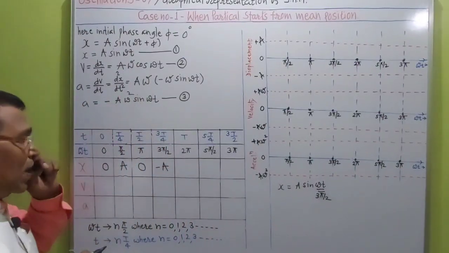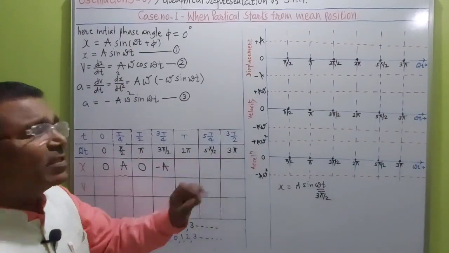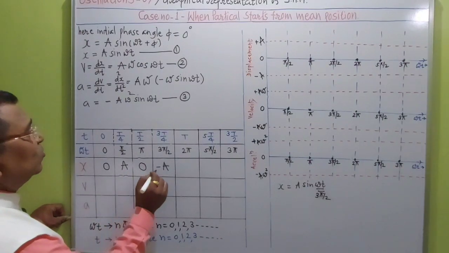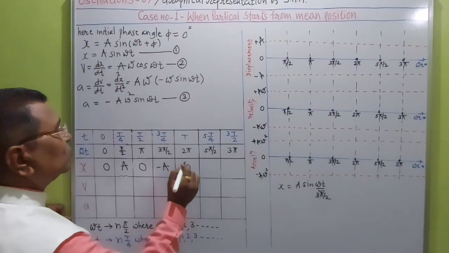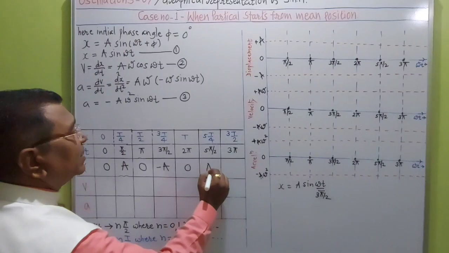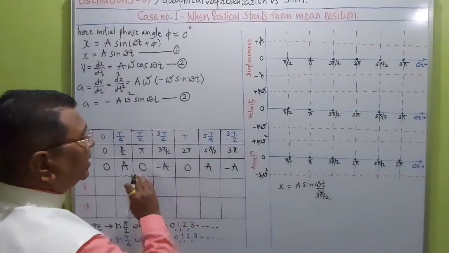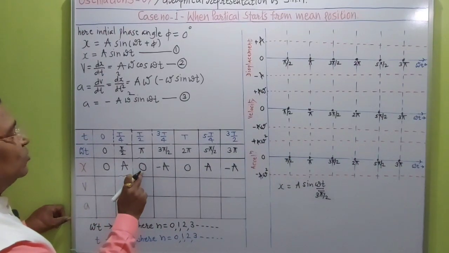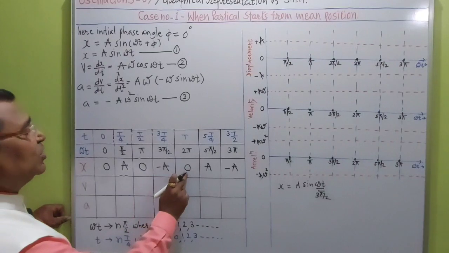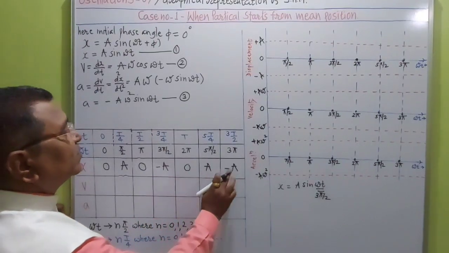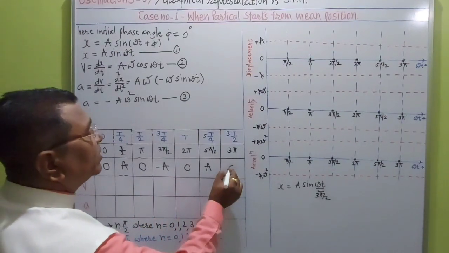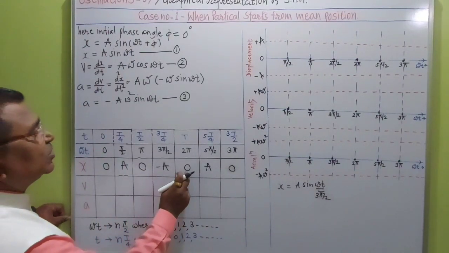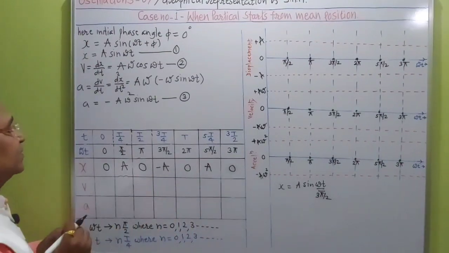See here, now it is not necessary to put other values. How can we write here? 0, plus A, 0, minus A. We can easily write by remembering this: 0, A, 0, minus A, 0, A, 0.